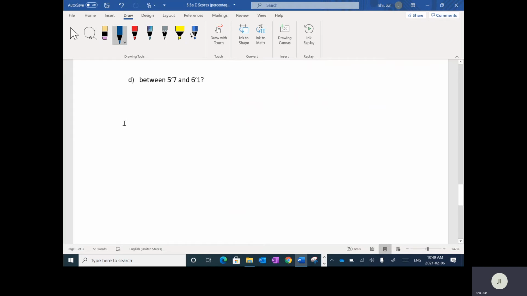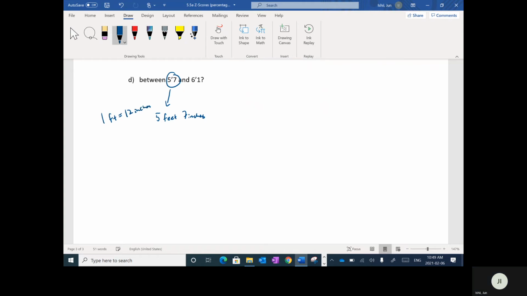So what I want to do first is convert these. I kind of threw this in as an added twist, but we should all be able to convert these. 5'7" is 5 feet 7 inches. In 1 foot we have 12 inches.